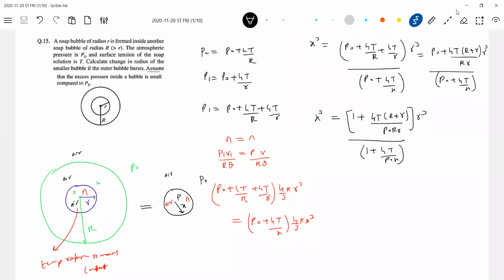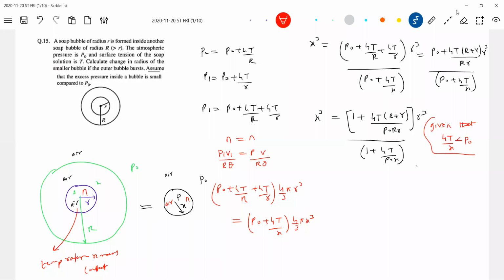Please read the last sentence. What is the meaning of that? Given that 4T by X will be less than P naught.